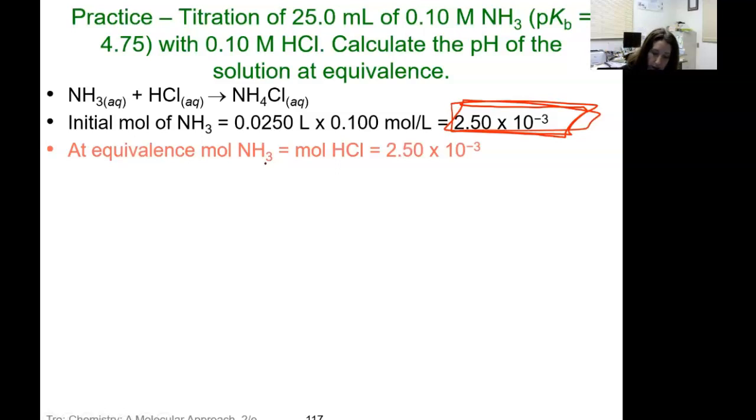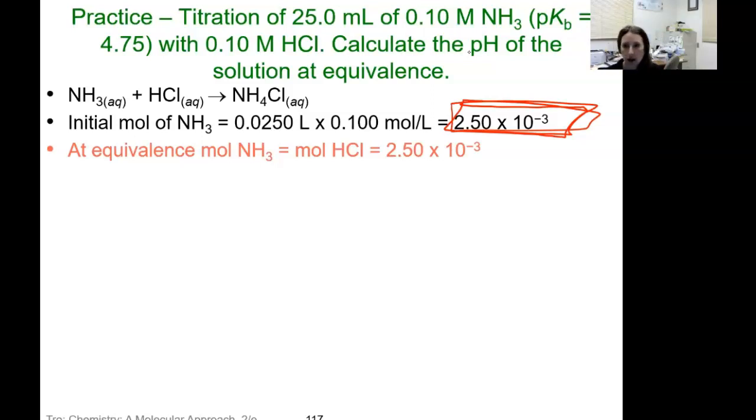So when the base equals the acid, we are at our equivalence point. So we will be at our equivalence point when we have 2.5 times 10 to the negative 3 moles of HCl. So that's when we're at our equivalence point, when we have that much HCl.